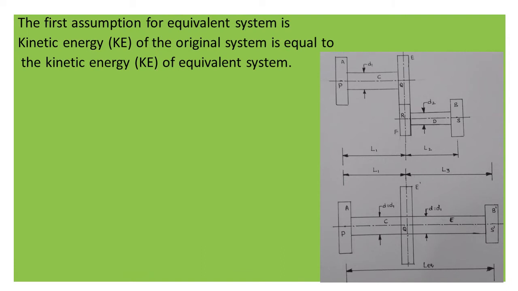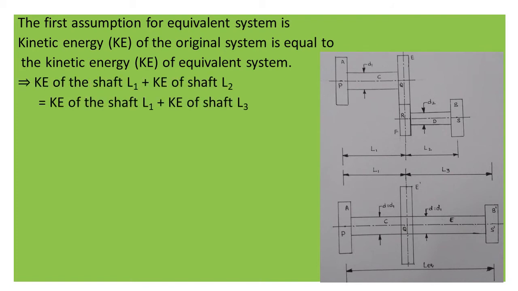The first assumption for the equivalent system is that the kinetic energy of the original system is equal to the kinetic energy of the equivalent system. It implies KE of shaft L1 plus KE of shaft L2 equals KE of shaft L1 plus KE of shaft L3.